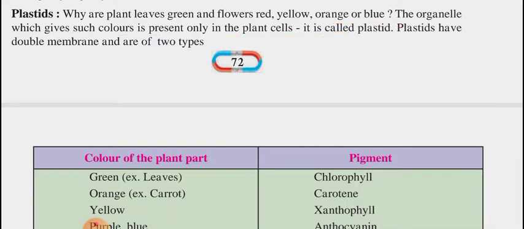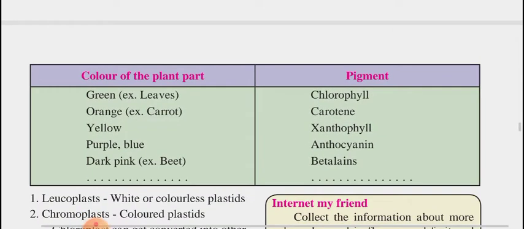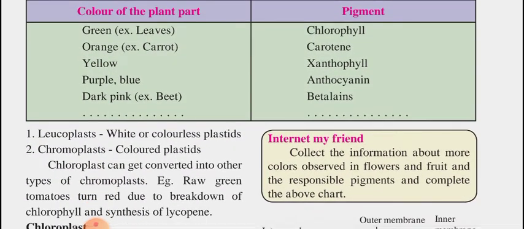What are the two types? Here's the table, you can observe. The color of the plant is given along with the pigment. If the color is green, obviously green for the leaves, the pigment is chlorophyll. If orange, as in carrot, that is carotene.